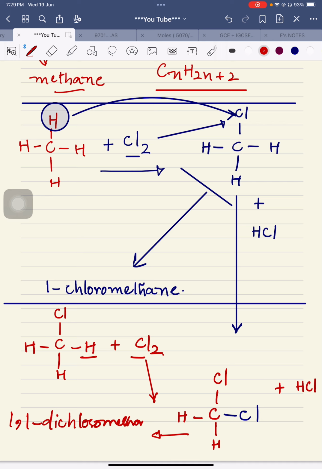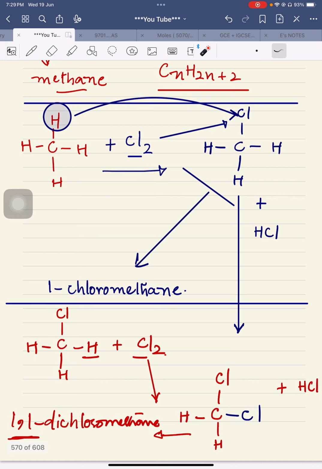Okay, so there is a big thing here. Now there is 1,1. What is the meaning of 1,1? It means that at position number one there is one chlorine, and the second chlorine is also at position number one. So we are considering one chlorine and the other chlorine at position number one. This carbon is position number one.